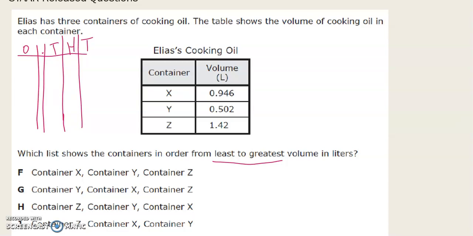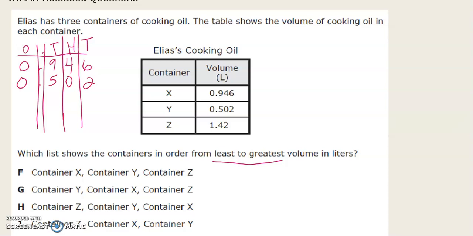For container X, I'm going to put a 0 in the ones place, my decimal, and then 9 in the tens place, 4 in the hundreds place, and 6 in my thousands place. And for the container Y, I'm going to put 0 in the ones place, 5 in the tens place, 0 in the hundreds place, and 2 in the thousands place.